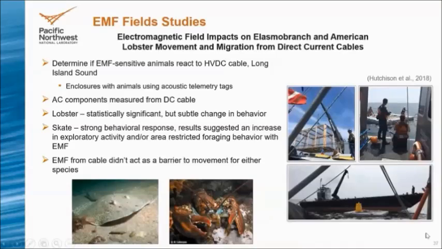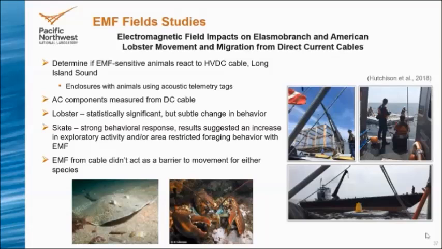This is a project funded by BOEM in Long Island Sound, where they put a number of big cages down on the bottom, again trapping a number of different species, and they were able to track the movements of the species within these cages with and without EMF. They saw some subtle changes in behavior, again with American lobster, again looking at species that are of recreational or commercial importance.